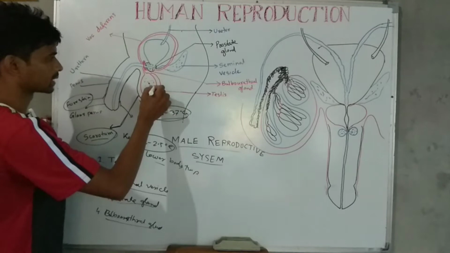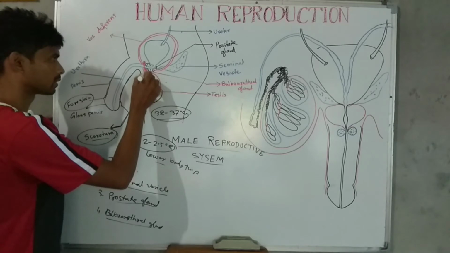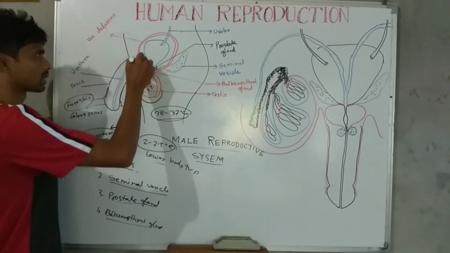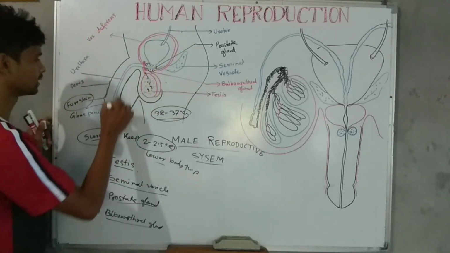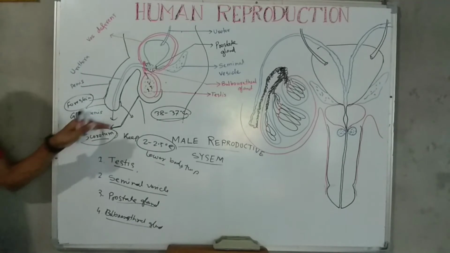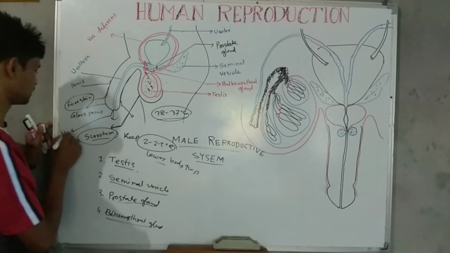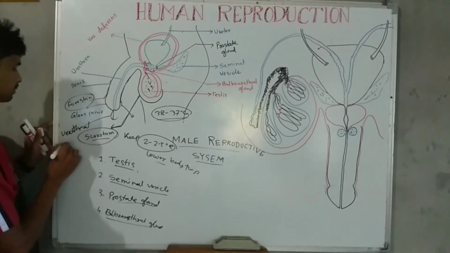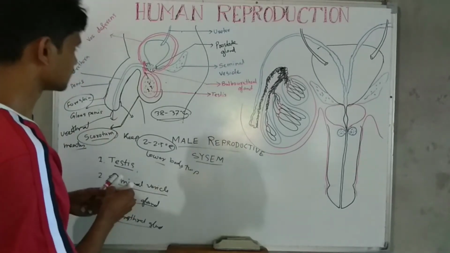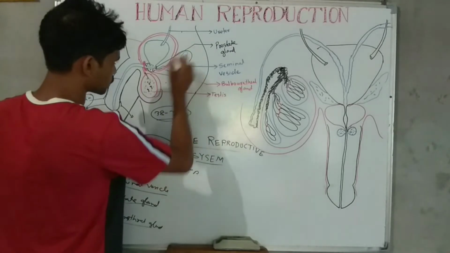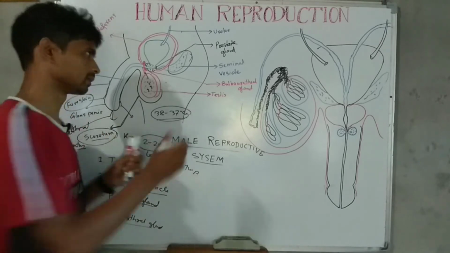From the testes, the sperm cells, hormones and some other buffers all come through the vasa efferentia. From here it enters the urethra and is ejected through the outlet, also called the urethral meatus. Then comes the seminal vesicle, which is the storage of the semen.